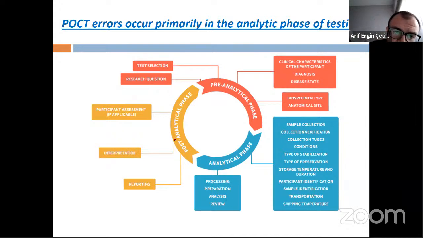And in the post-analytical phase, you report. Based on the signal coming from the test, you interpret the test in the post-analytical phase and report the test to the clinician and the patient.